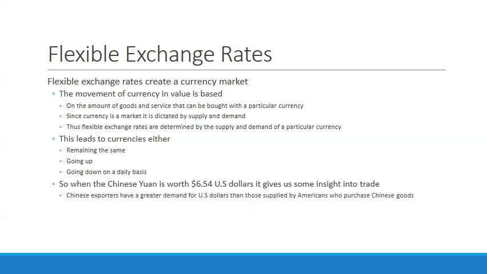Chinese exporters have a greater demand for US dollars than those supplied by Americans who purchase Chinese goods. As a result, the US dollar is more valuable than the Chinese yuan. So in the United States, the Chinese yuan isn't very valuable at all, but in China, the US dollar is fairly valuable. That's how these exchange rates are going to set up.